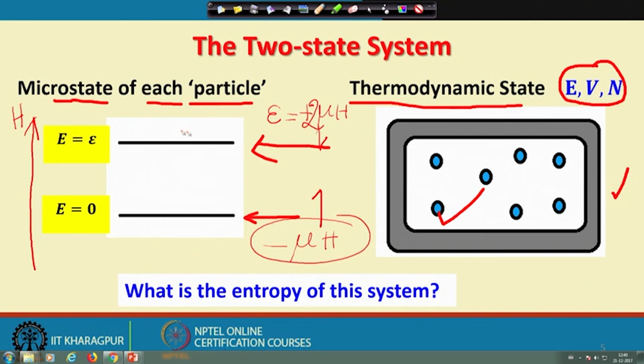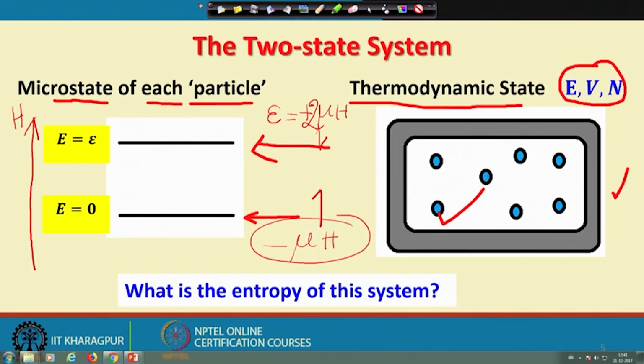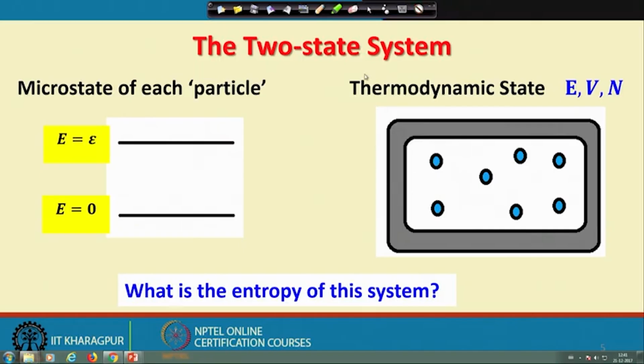And therefore, the question that I ask for this generalized system is, can I do the thermodynamics of a system like this, where the system is comprised of a very large number, typically the Avogadro number of particles, and I maintain the system under isolated experimental conditions, and I ask the question, what is the entropy of the system or any other thermodynamic property of the system for that matter.